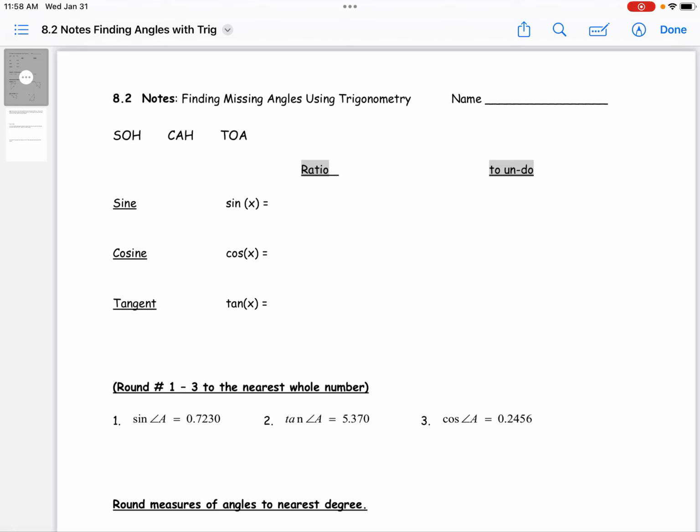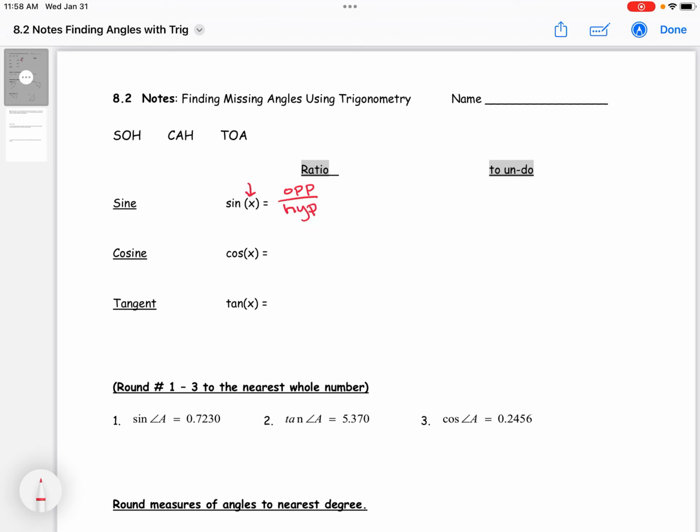All right, let's go over SOHCAHTOA again, and then we're going to use it basically backwards to find angles instead of finding sides. Sine is opposite over hypotenuse.